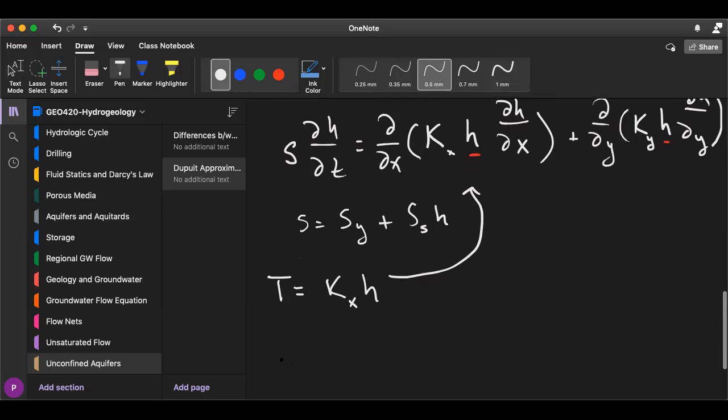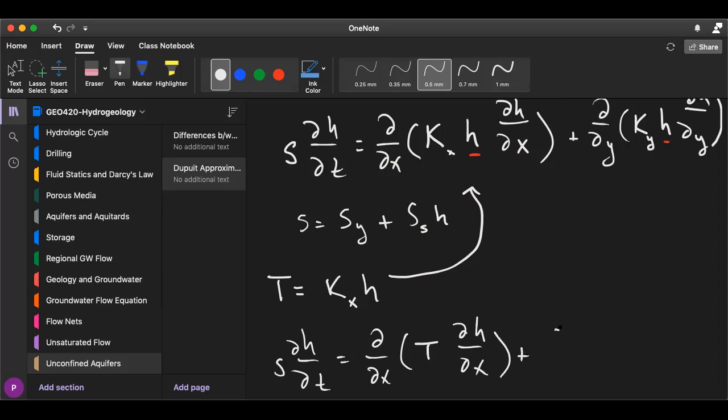This gives us S dH dt is equal to d dx of T dH dx, plus d dy of T dH dy.